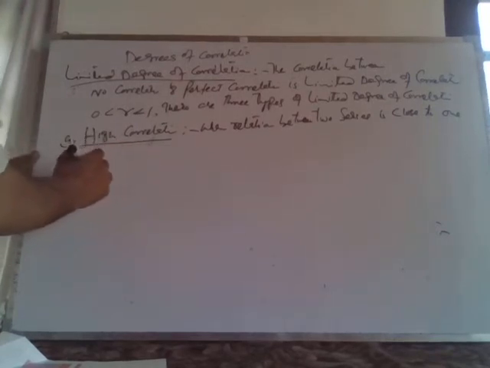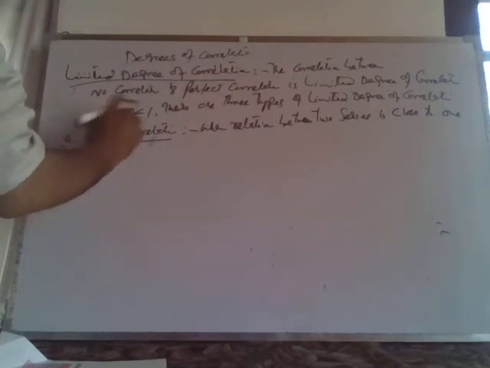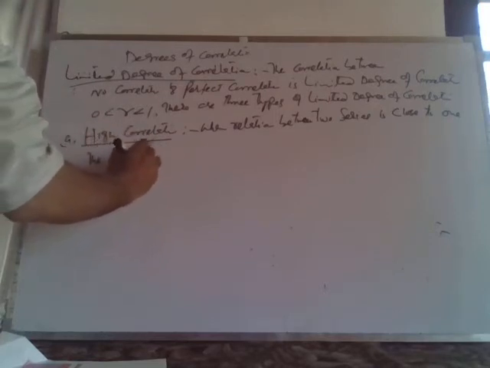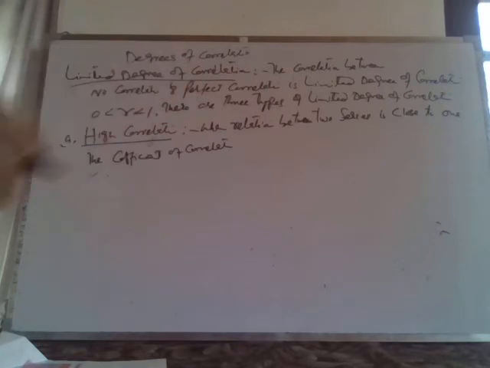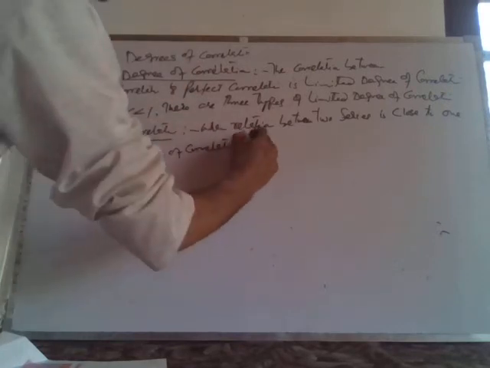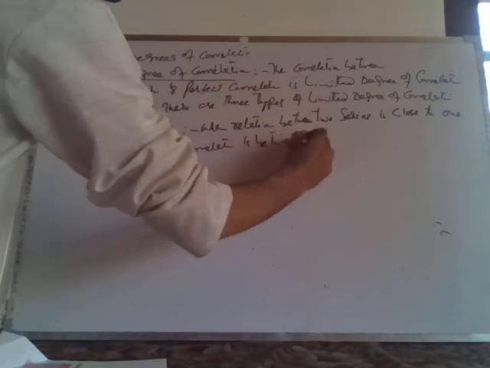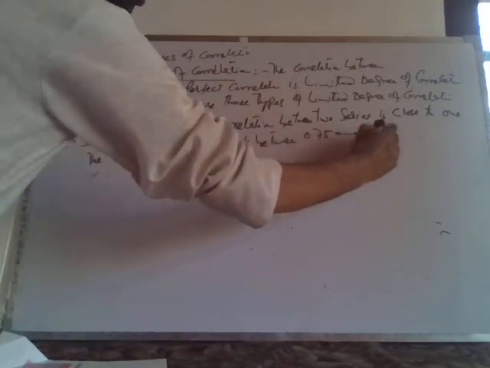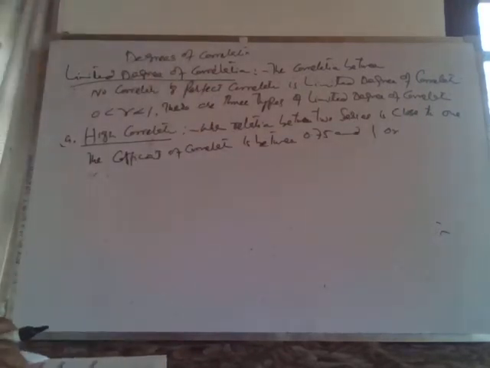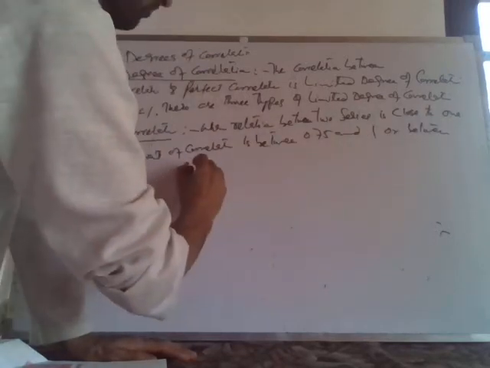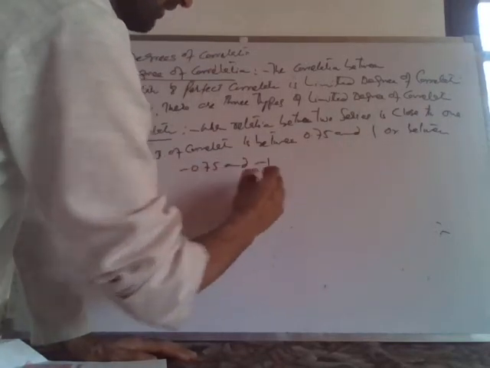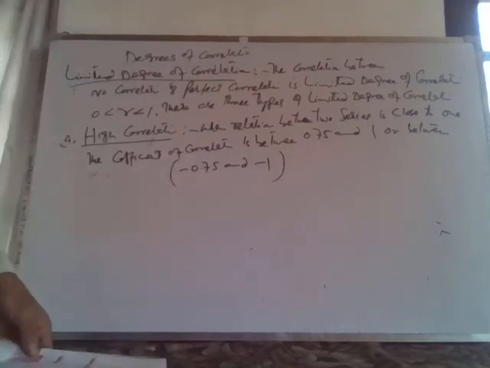So at that time, when there is high degree of correlation, the coefficient of correlation is between 0.75 and 1, or between minus 0.75 and minus 1. ये वैल्यू हो सकता है.